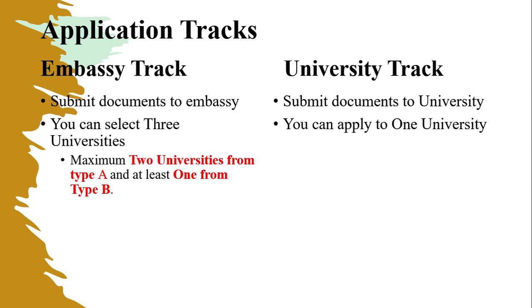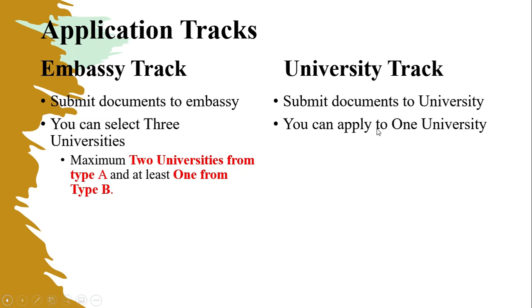So for the embassy track, you can choose two universities from type A, and at least 1 university should be from type B. If you want to choose all universities from type B, that is absolutely fine. There is no problem. But you cannot choose all 3 universities from type A.